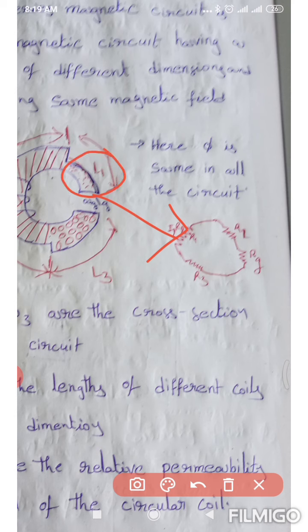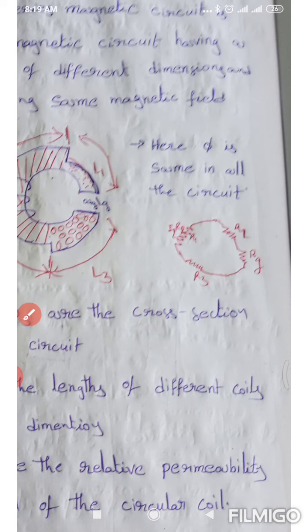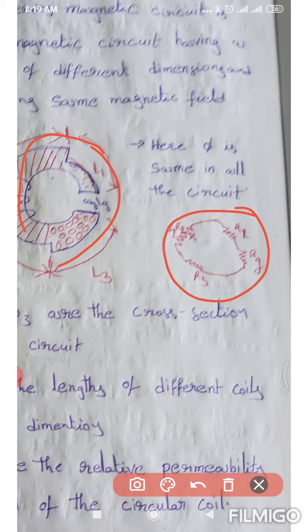This element L1 is considered as one resistor, this air gap is considered as another resistor, length L2 is considered as another resistor, and this L3 is considered as another resistor. So these totally 4 resistors are connected in series. So for understanding purposes, we can easily convert this magnetic circuit into an electrical circuit.